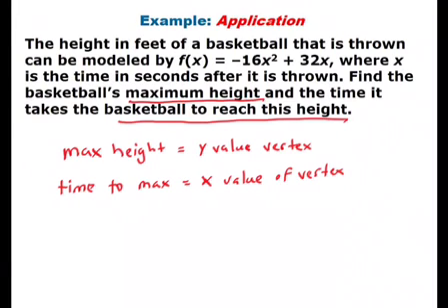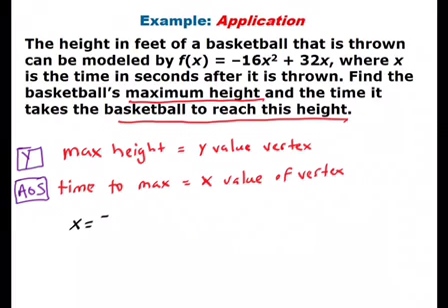Okay, so we're going to keep doing the same things we've been doing. We're going to find the axis of symmetry, which in this case will answer this one for us. And then the y value will answer the height when we plug the axis of symmetry back in. So let's just go ahead and find the axis of symmetry.